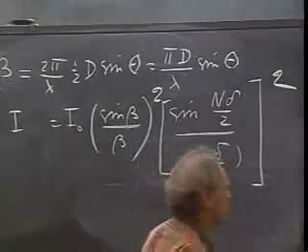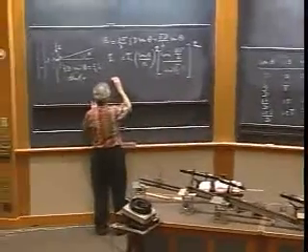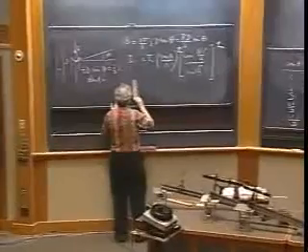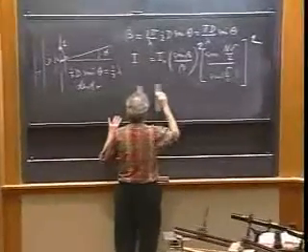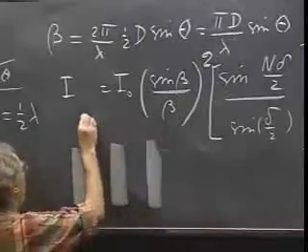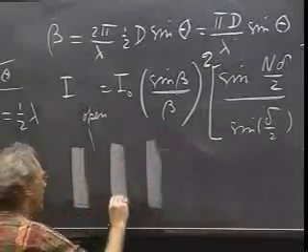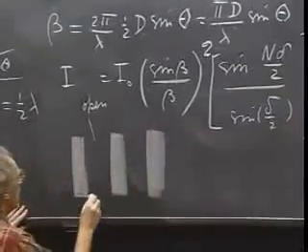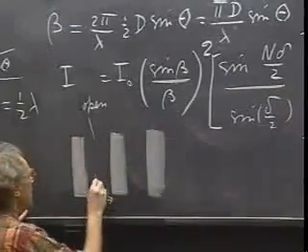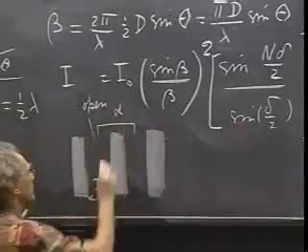So to make sure that you understand the difference between the little d and the capital D, if this is my grating, and this is the open area, and this is where the light cannot go through, then the definition of little d is this, and the definition of capital D is this.